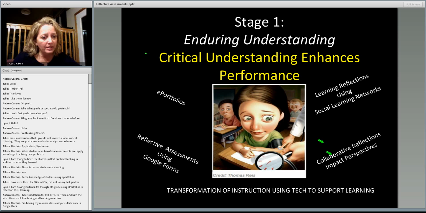And to what Julie said, often the assessments that we find in our textbooks are just at that surface, low-level fact-finding, remembering, understanding content, but they're not asking our students to go deeper. So we're hoping that with all of these types of examples, we're going to see a transformation of instruction, using the tech to support the learning. We hope that's an outcome from this.